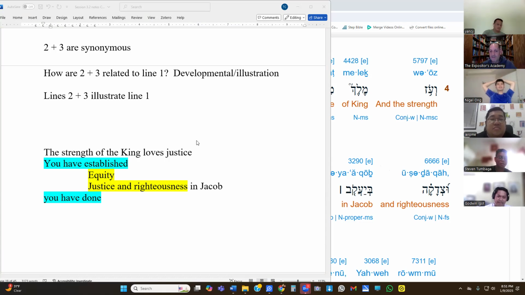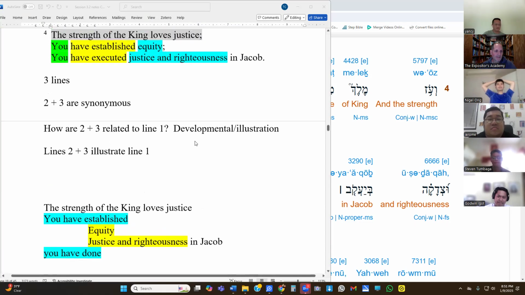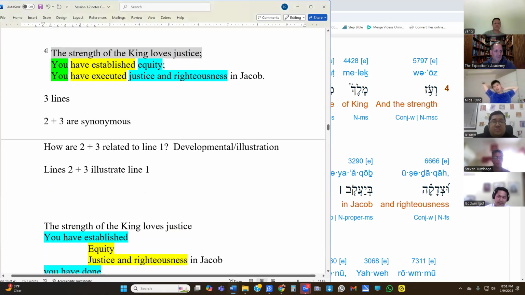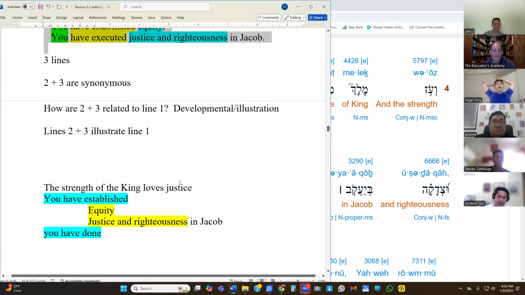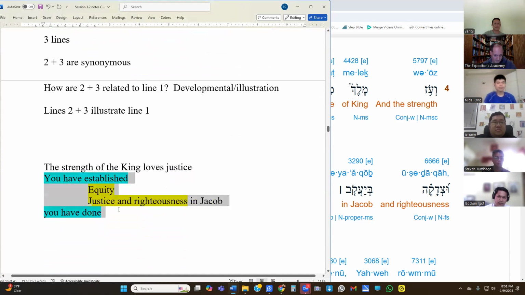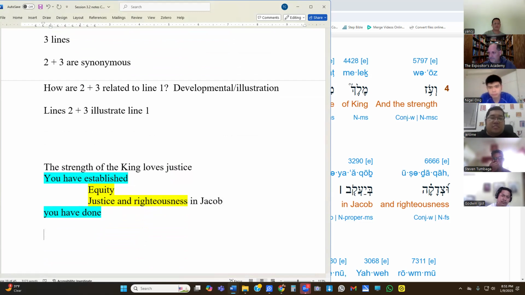We had to figure out the number of lines. We also had to notice the challenge with how the lines are connected, and then he throws in a chiasm in the second and third lines. All right. Questions on that?